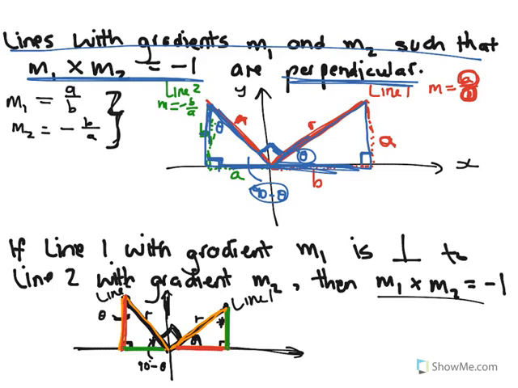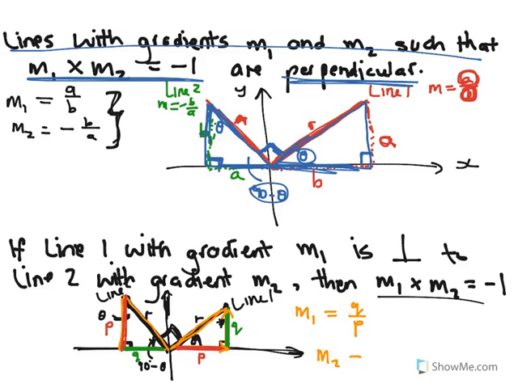And so if we call this side P, and we call this side Q, then the gradient of line 1, so if we say the gradient of line 1 is M1, that will be rise over run. So positive Q over positive P, right? So I run positive P units, I rise positive Q units.